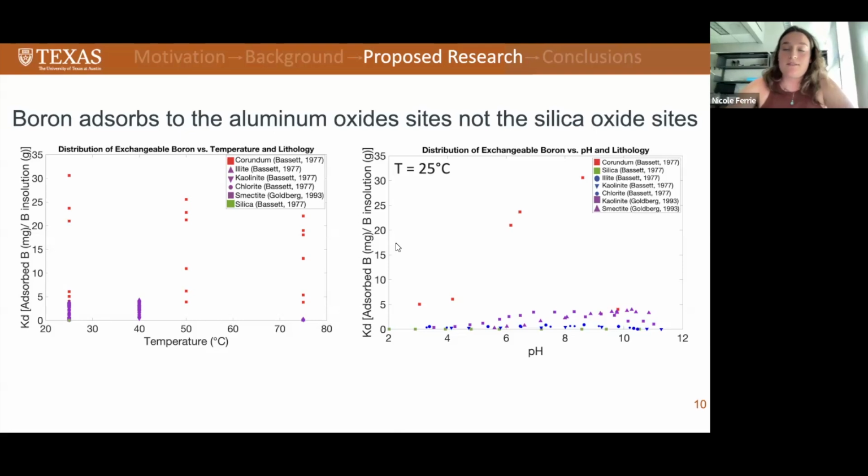And then here we see the same relationship with KD versus pH, where the red dots are aluminum octahedra, and they adsorb the most amount of boron. The silica oxide adsorbs no boron, and then the clays fall somewhere in the middle, which leads us to believe that boron adsorbs to only aluminum oxide sites and not the silica oxide sites within the clays.